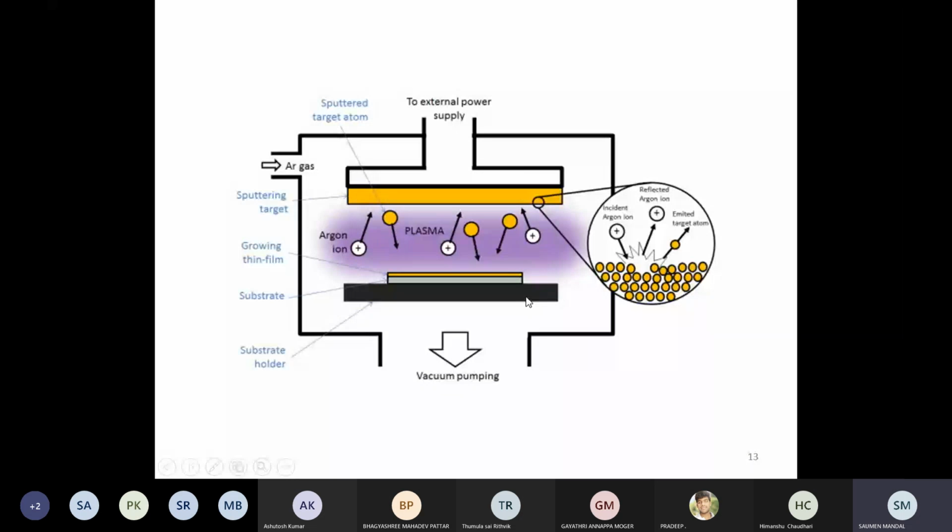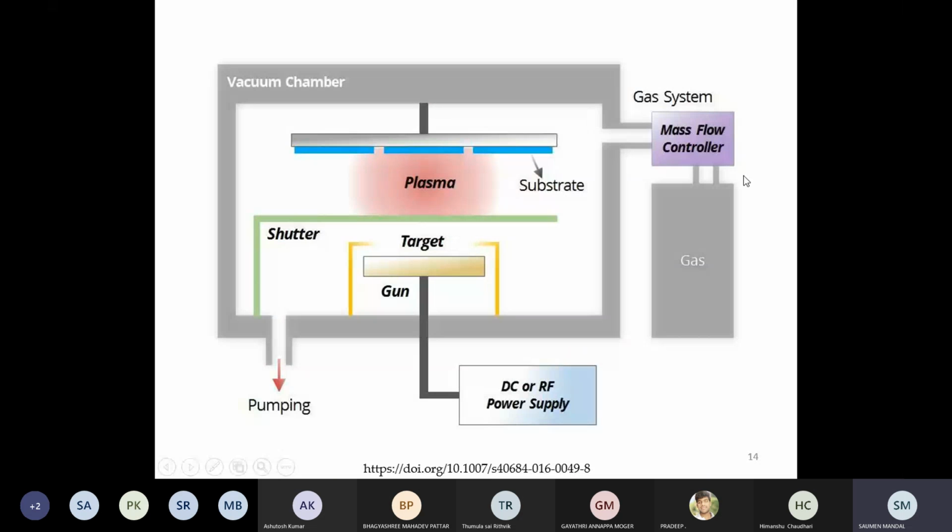The same thing is shown here with better clarity. There is a gas chamber, this is a sputtering unit, and this is the target. A DC or RF supply needs to be there, and this is the substrate on which you have to deposit, and this is the plasma generation. During this sputtering process, from the window you can observe the color of the plasma.